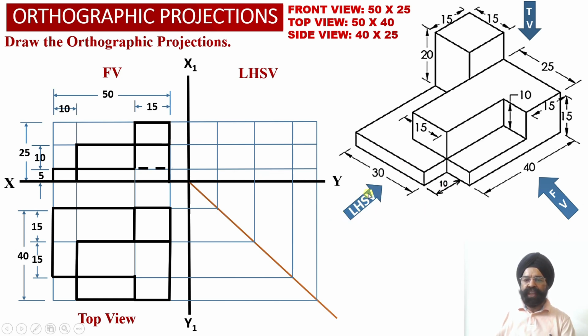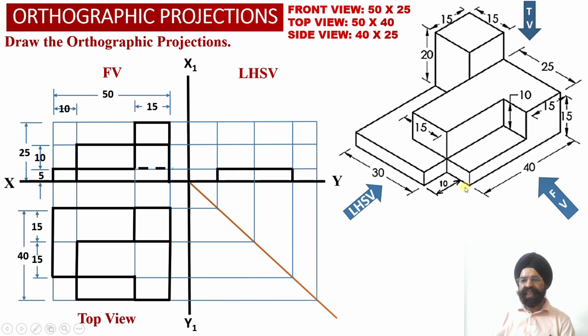Now when the observer is going to look at the solid from the left hand side orientation, this rectangular face which is corresponding to element number 1 will be visible to the observer as a true shape rectangular projection, because this rectangular face will be parallel to the profile plane.